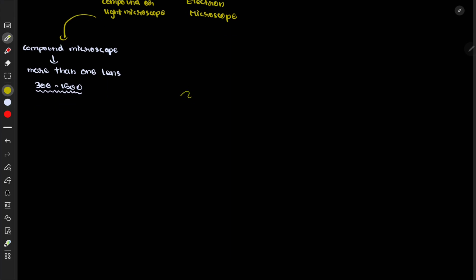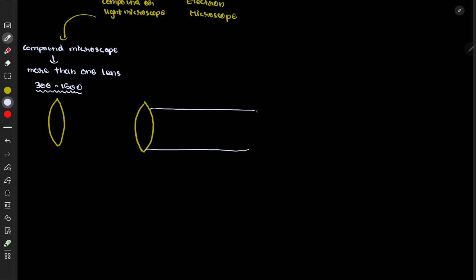Let's say I have a convex lens, then I have another convex lens. I have two light rays coming from an object.